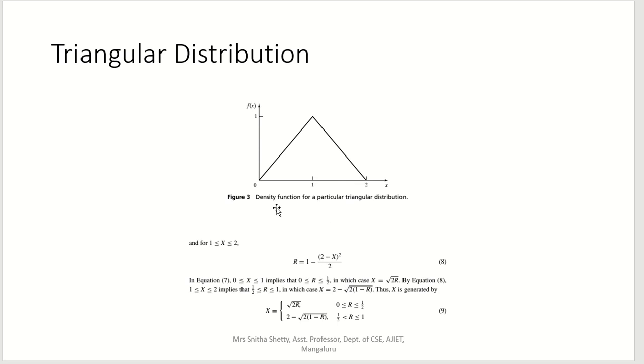Now when you simplify that equation, since there are two values, you get two formulas for x. One is the square root of 2r. When you compute this, x is equal to the square root of 2r.